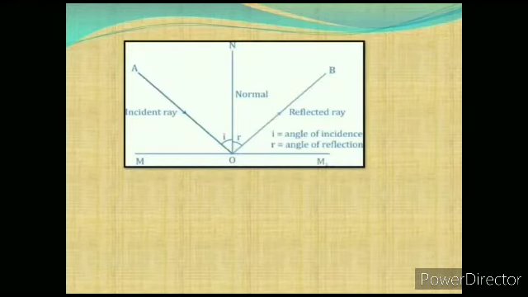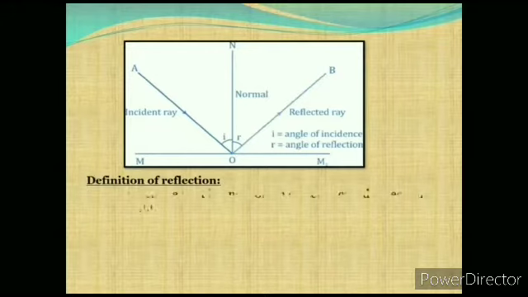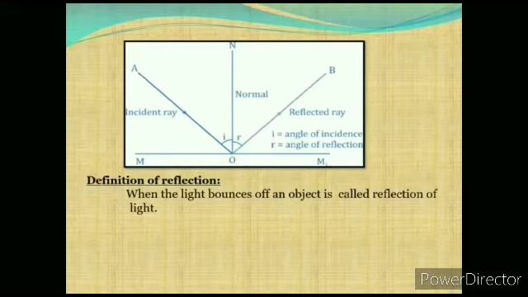Students, now we will see the definition of reflection. When light bounces off an object, it is called reflection of light. Here two important laws of reflection are there.